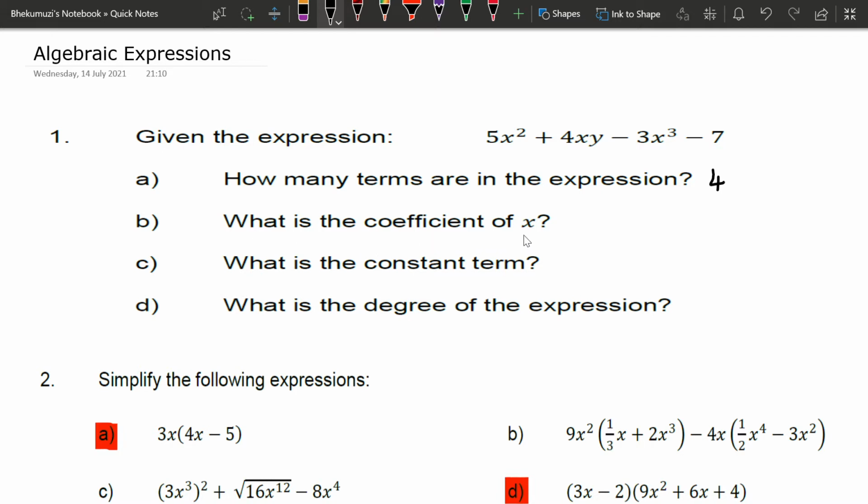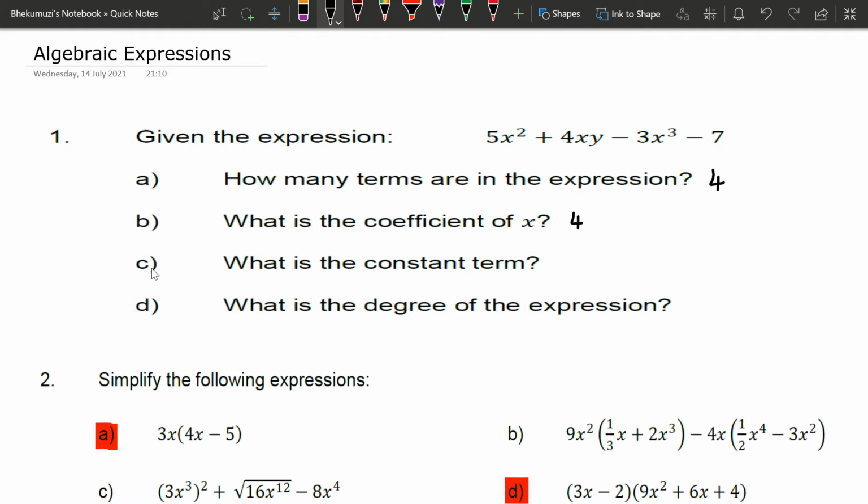Now they quite specifically asked for the coefficient of x, right? They didn't ask for the coefficient of x squared or x cubed, just the coefficient of x, and the only term that has x just as x is 4xy, right? So it is 4.